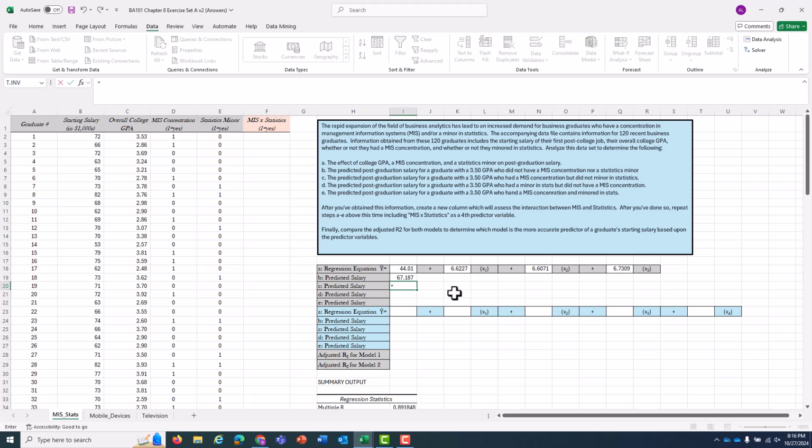Well, I'm just going to fill in my formula. Our constant plus the coefficient for GPA times the GPA we're testing for, which is still 3.50, plus, in the second set of parentheses, the coefficient that we have for the MIS concentration, and in this scenario, C over here, they had an MIS concentration, so that would be 1, plus the coefficient for the stats minor, and in this one, they did not have a minor in statistics, so that would be 0.